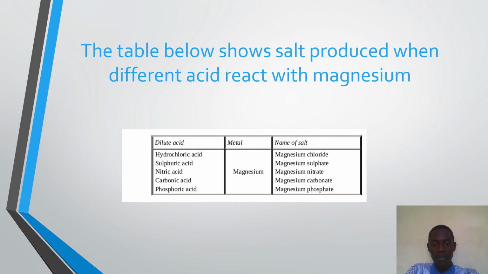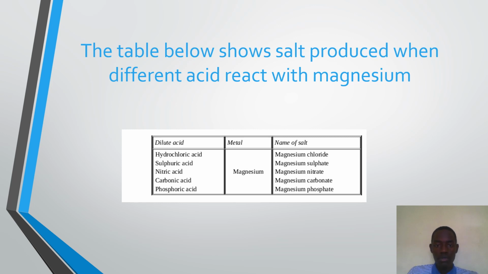That is why if we react carbonic acid with magnesium, we form magnesium carbonate. Phosphate salts are the product of phosphoric acid. Now that means that the type of salt formed depends on the type of acid used.